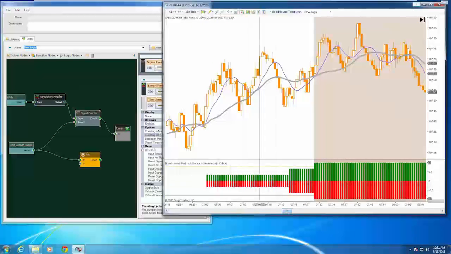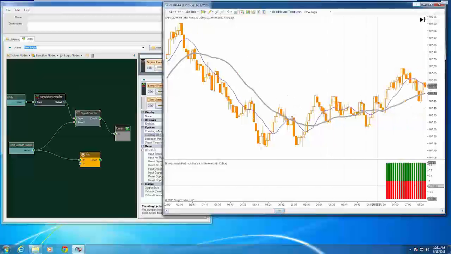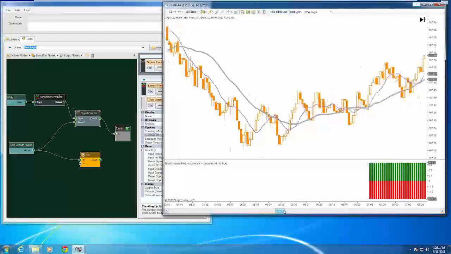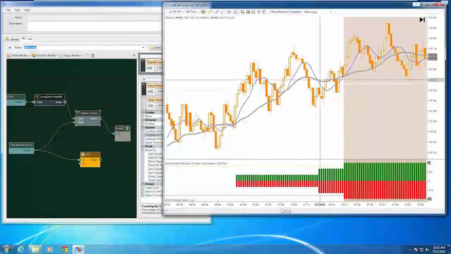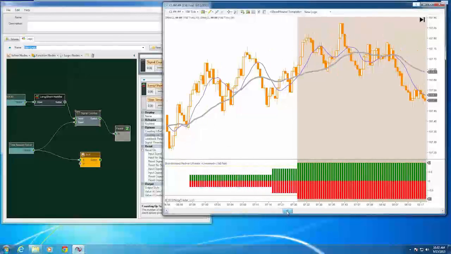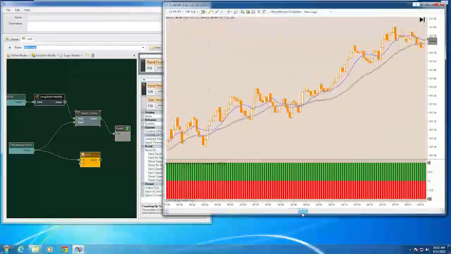At the open, before the open we had nothing, and as we opened up, it started counting each crossover. That was the first one. I guess that one didn't really touch and cross over there, so this is the second one, and that's the third one. Then we're good for the rest of the day.